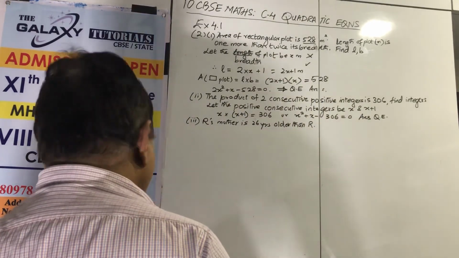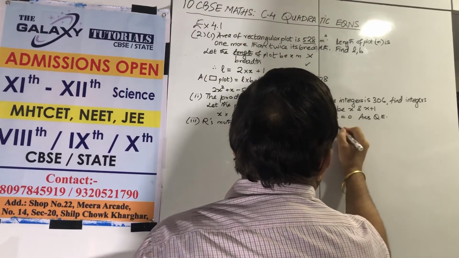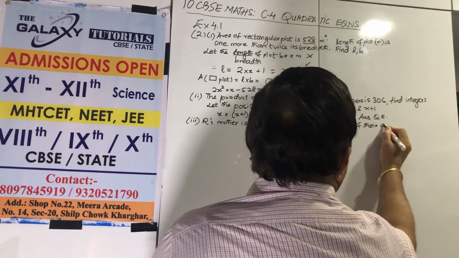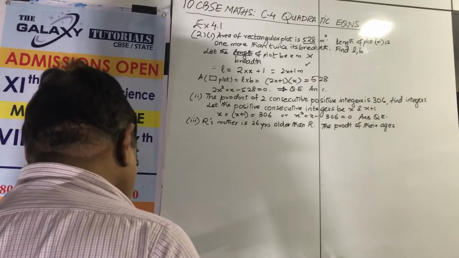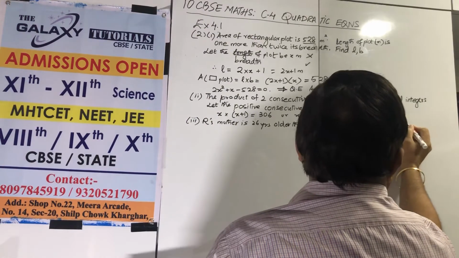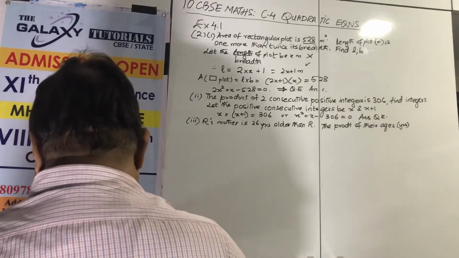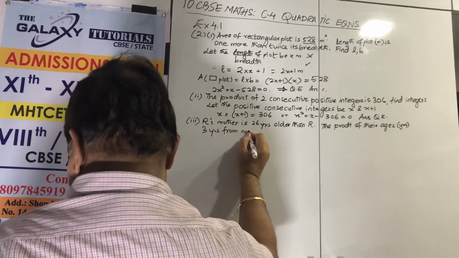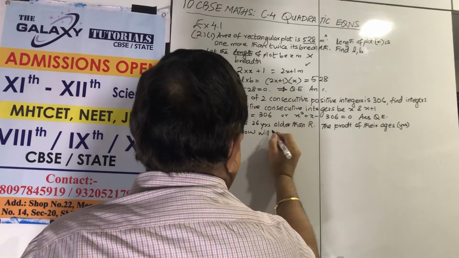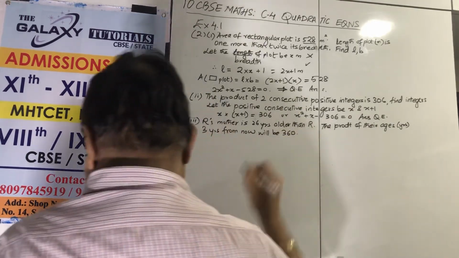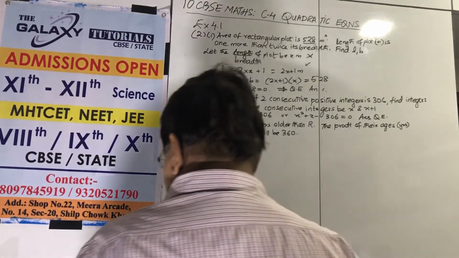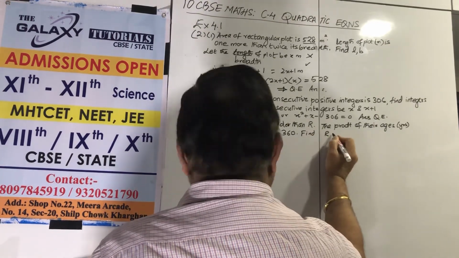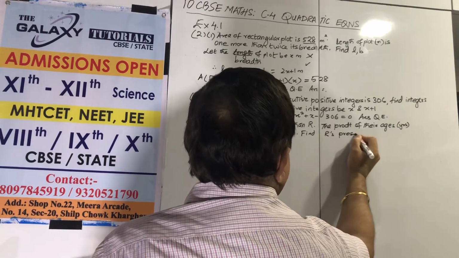The product of their ages, in years, 3 years from now will be 360, and we have to find Rohan's present age today.